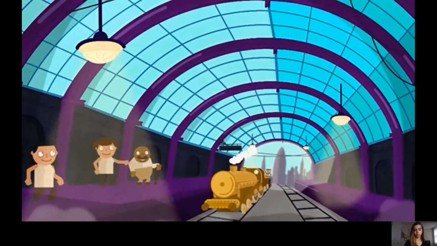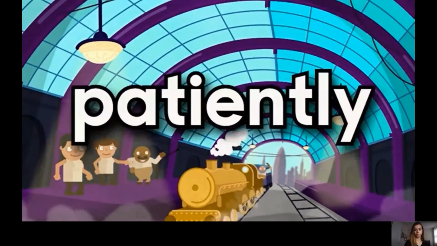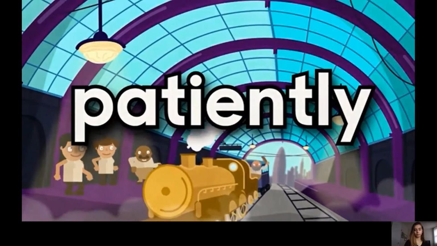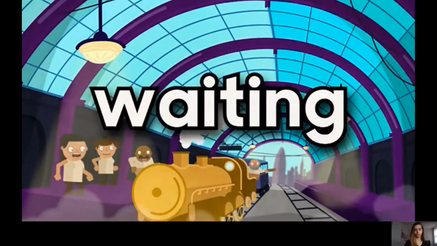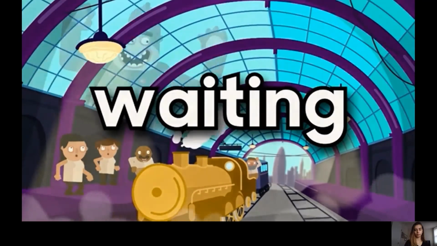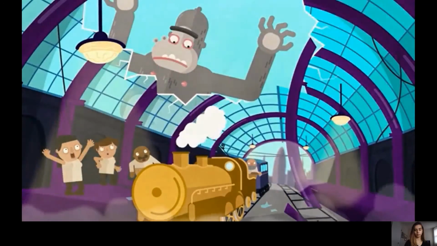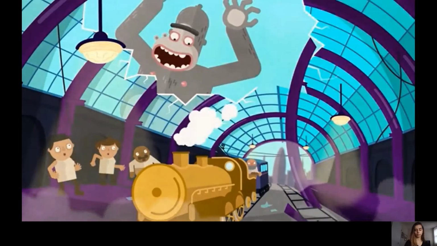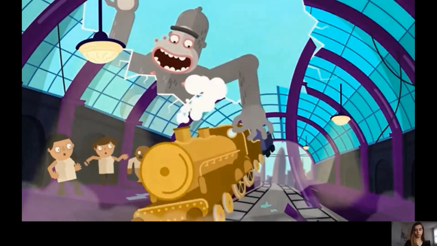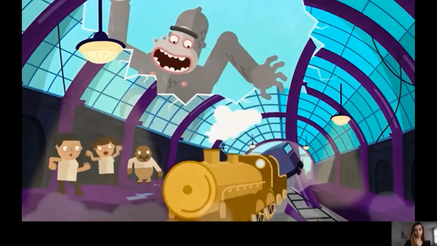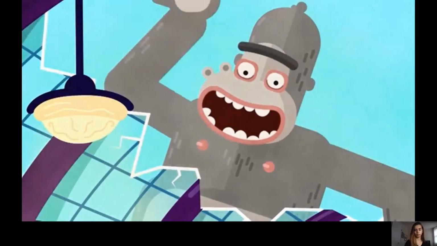Oh, here is a group of passengers waiting patiently for their train. Patiently is the word describing the verb waiting. Oh dear, here's the gorilla monster. He wants to play with the train. Oh, you are playing nicely with the train, aren't you?